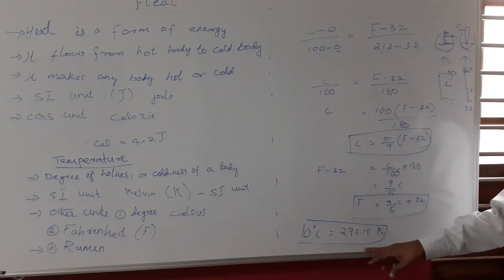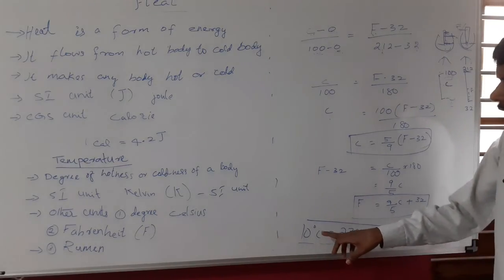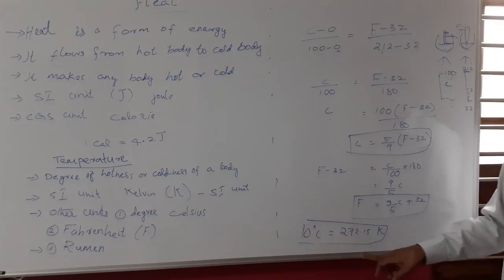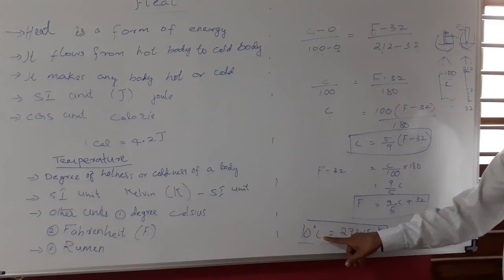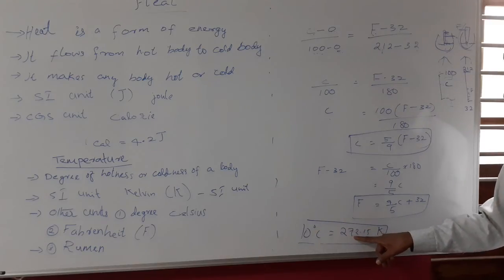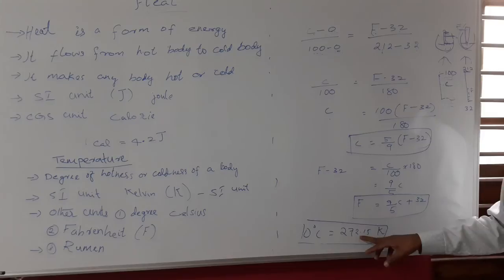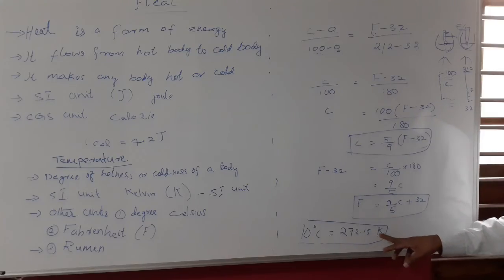And the relation between the Celsius scale and the Kelvin scale is 0 degree Celsius is equal to 273.15 Kelvin.